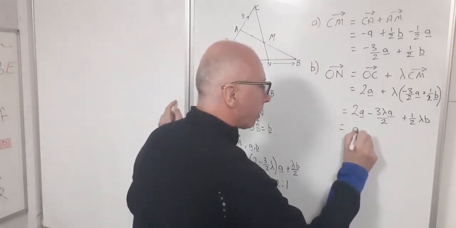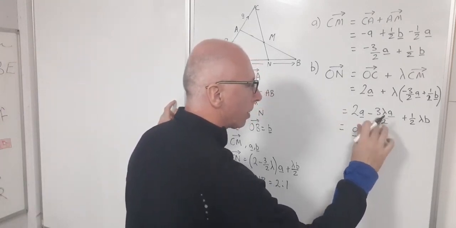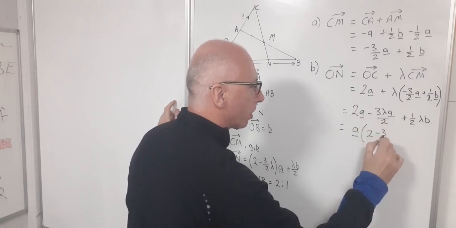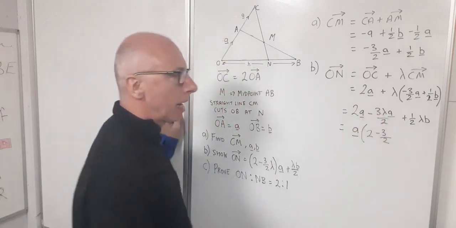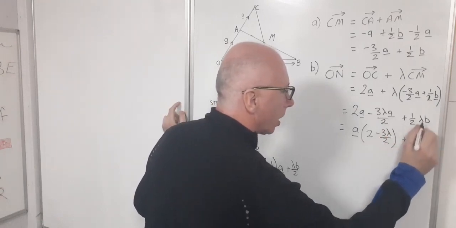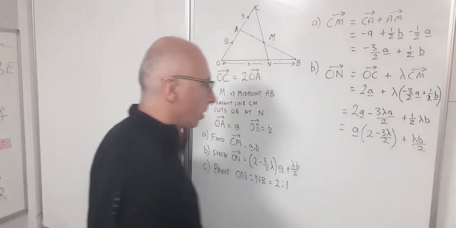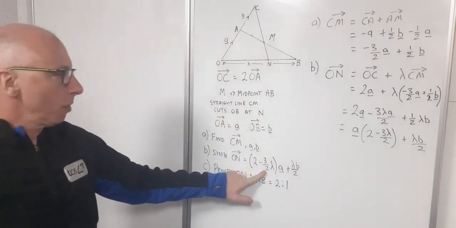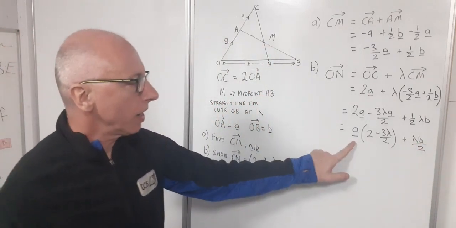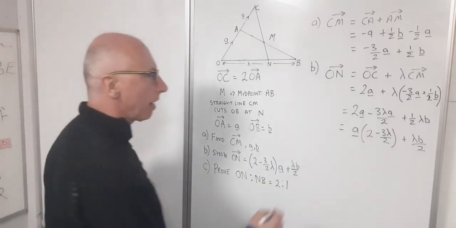So that equals the vector A, so that would then give us a 2 minus 3 over 2 times lambda, plus then we've got lambda B over 2. And that's exactly what we wanted for this one here. Obviously the vector on this side or this side doesn't matter. So that's part B taken care of.